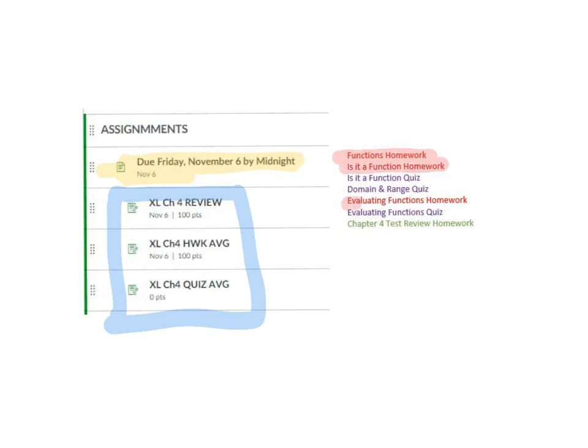So you should have 3 homeworks in Math Excel. Remember that with homeworks you can try multiple times, you can ask for help, you can ask for similar questions. Those go in your average right there. The next thing that you have is some quizzes, and I would suggest that you do those after you do the homeworks.